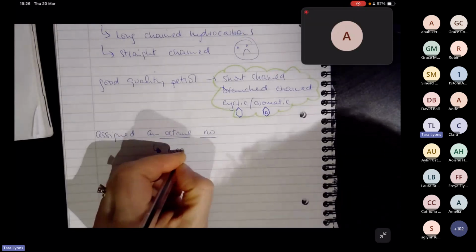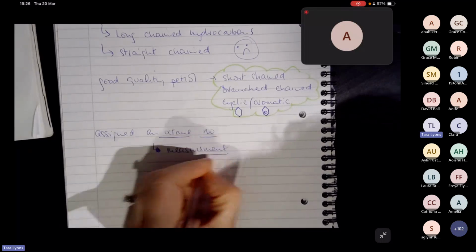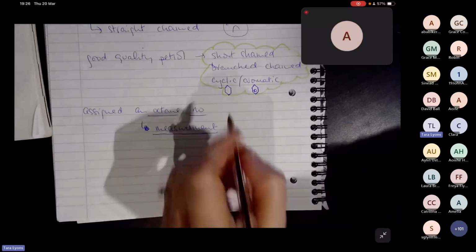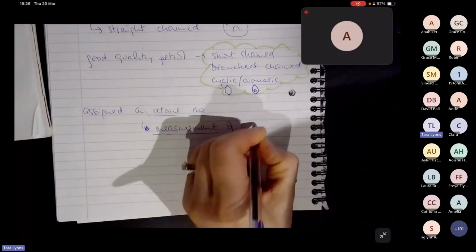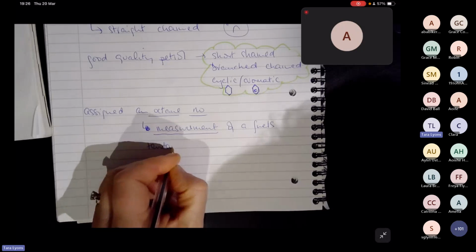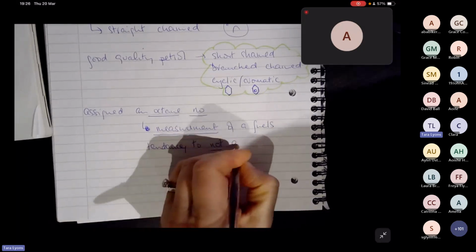It's a measure or measurement. And if you don't have the word measure or measurement in the definition, then you're not getting the marks. A measurement of a fuel's tendency to not auto-ignite.